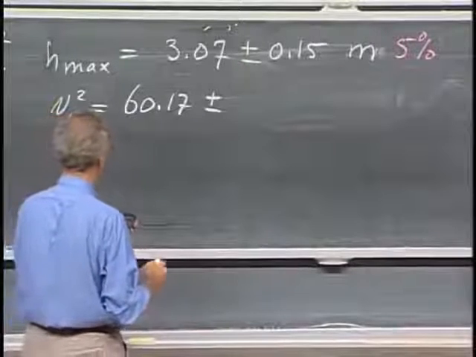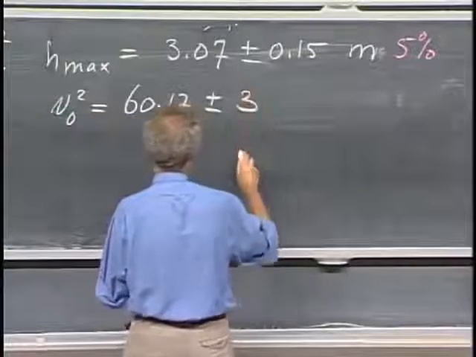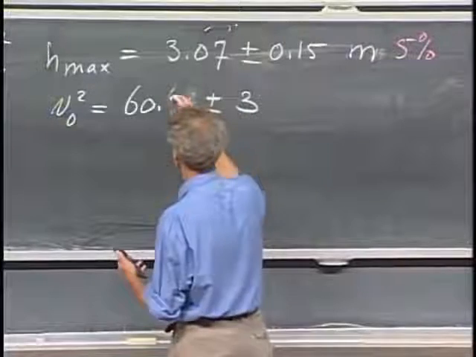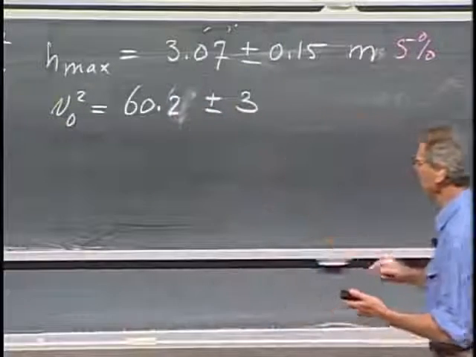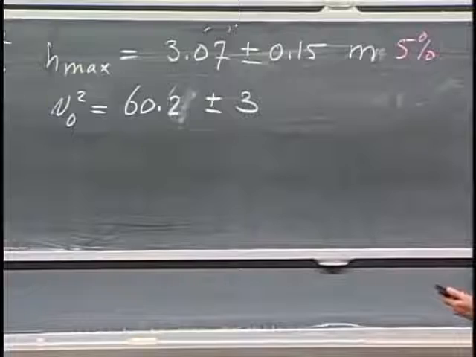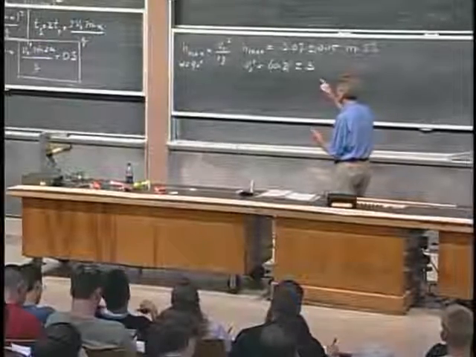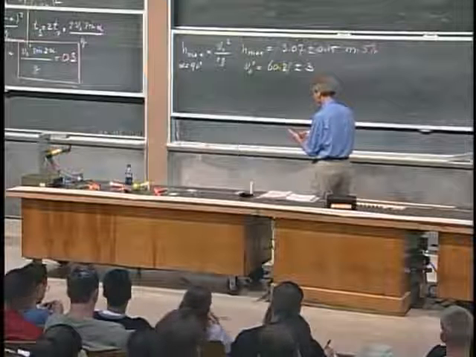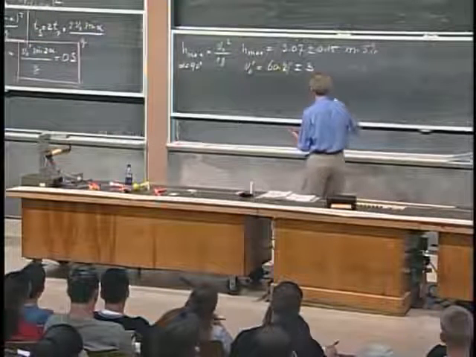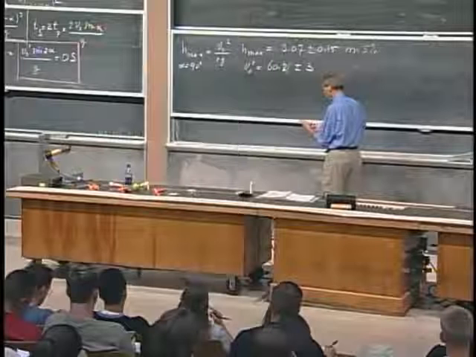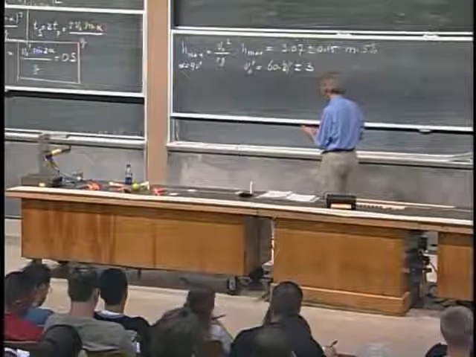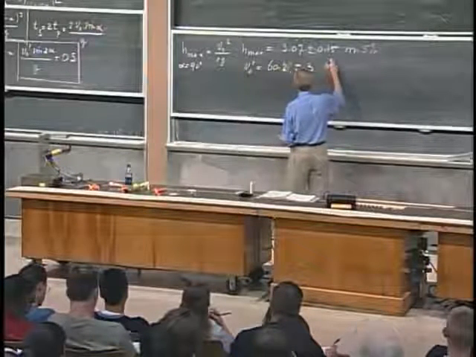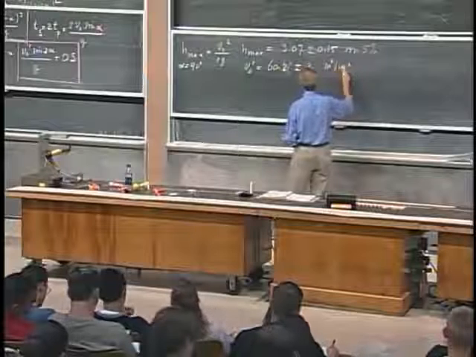That is an error of 3. So you might as well make this 60.2. Would you please confirm that I didn't make a mistake? 3.07 is H max. I multiplied by 2, by 9.8. The 60.2 is a 5% error, and a 5% error is indeed 3. This is meters squared per second squared.